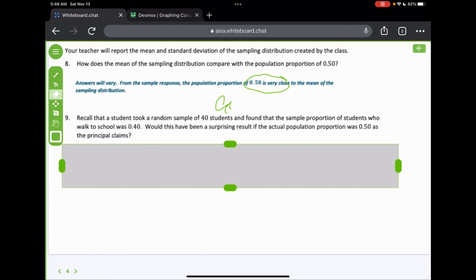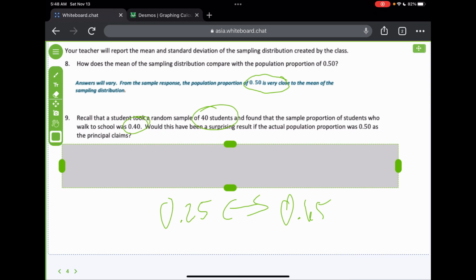If you actually look at the graph, some of those samples were as low as 0.25 and as high as 0.65. So for them to come up with 40 students that had a 40% walk to school proportion, that falls within this. So that should not be surprising. It should not surprise us that we only got 40%.